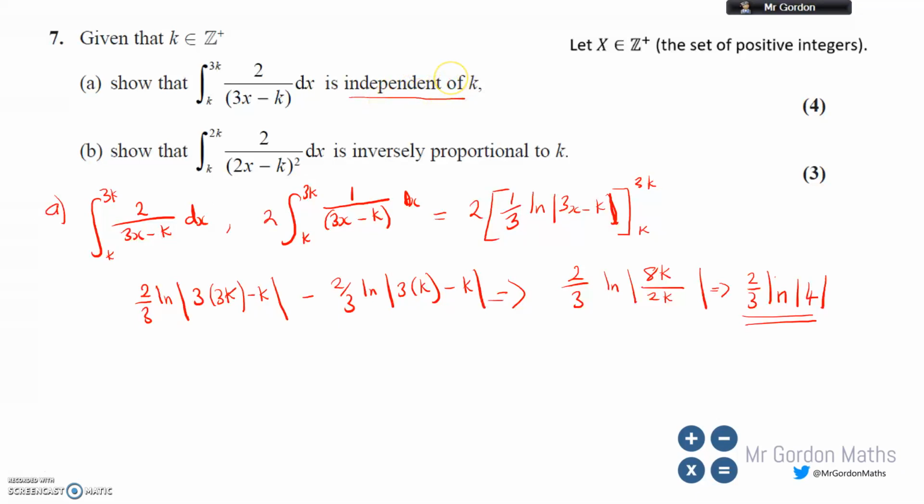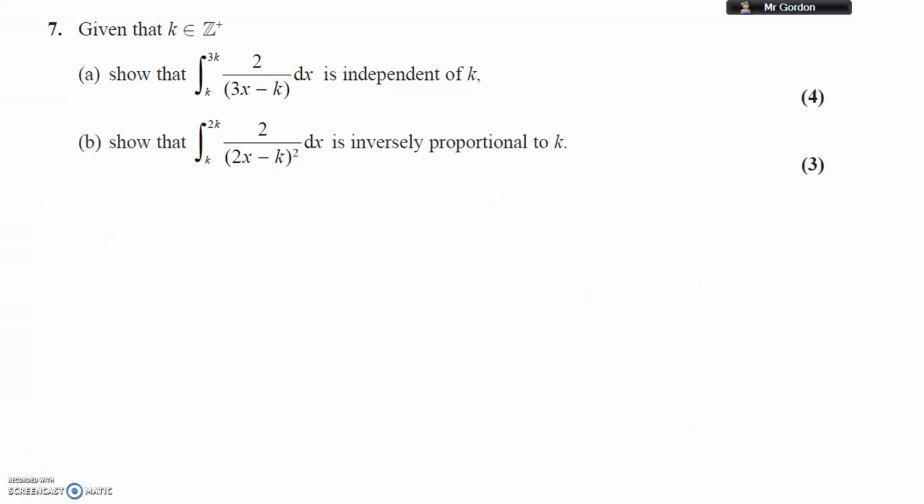Second part, I'm probably going to need a bit more room for this one, so I'm just going to pause the video and adjust this slightly. You won't notice it, but that was me just adjusting my PowerPoint. Second part, we're showing that the result of this is inversely proportional to k. Proportionality is something we did at GCSE.